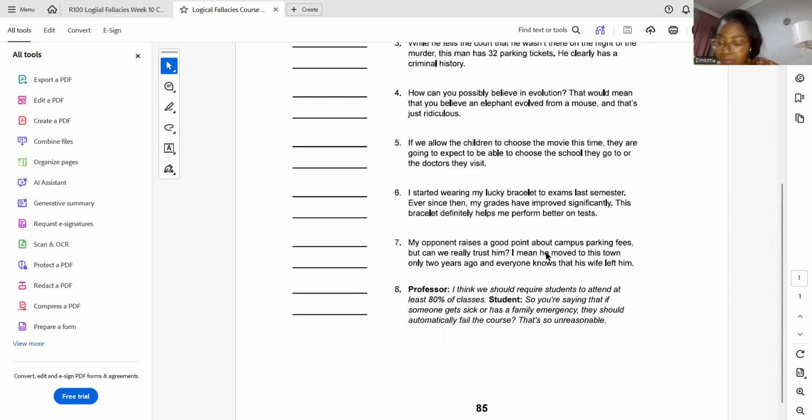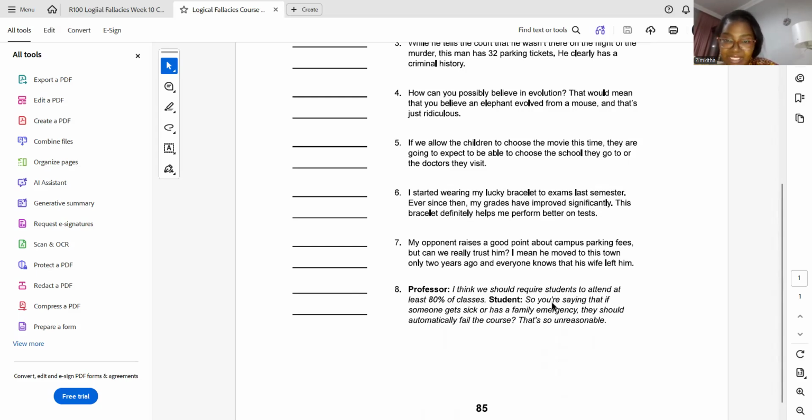Okay. Number 7, my opponent raises a good point about campus parking fees, but can we really trust him? I mean, he moved to this town only 2 years ago, and everyone knows that his wife left him. What do you think that one is? It is an ad hominem.